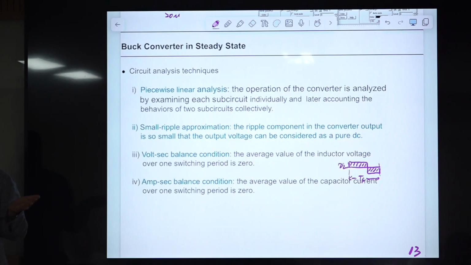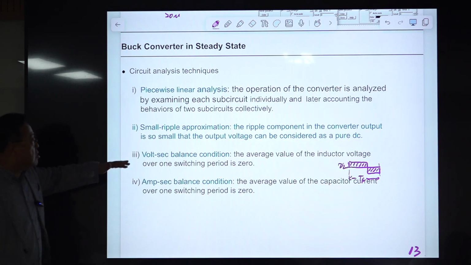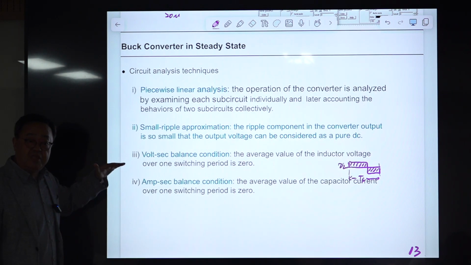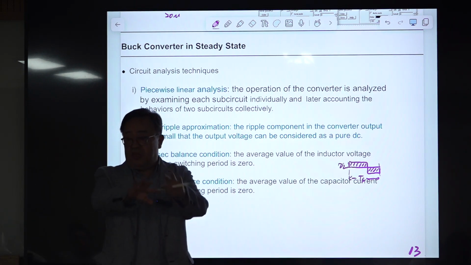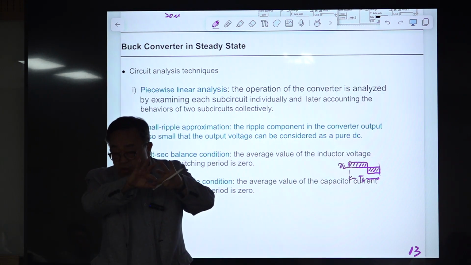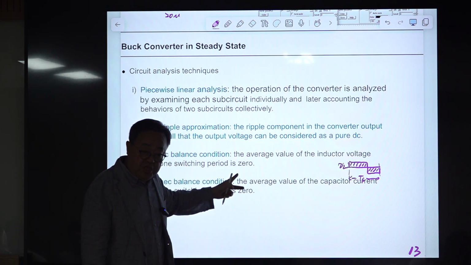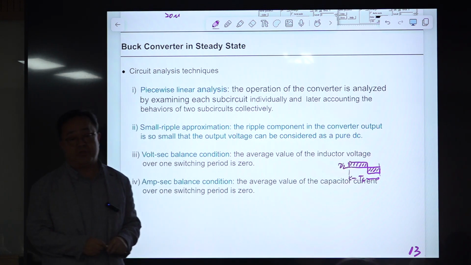Then a catastrophic accident will occur, and your circuit will be destroyed. But the circuit you are dealing with is a practical one. That kind of disaster won't happen. So the converter circuit is designed in such a way that the inductor voltage meets the volt-second balance condition.